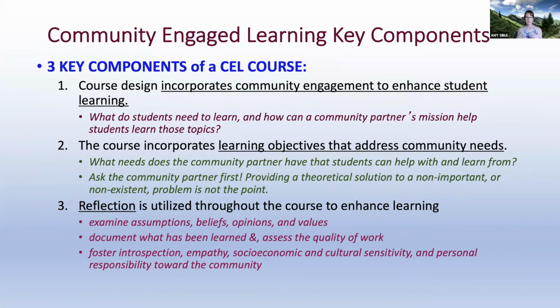It also gives us a time to take a step back and think about, okay, what have I achieved so far? What do I still need to work on? How can I make sure that I achieve my learning objectives while also achieving the objectives of the community partner I'm working with? And then finally, taking the formal classroom provided time to reflect on the work you're doing kind of flexes your empathy and introspection muscles.